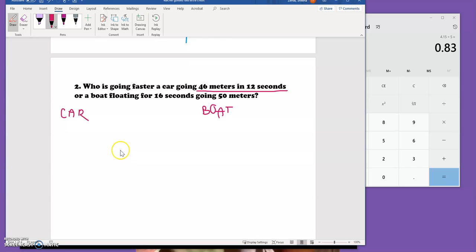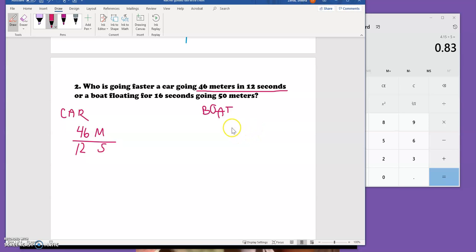So I'm going to write those 2 rates as a fraction. When I'm talking about speed, I'm going to put the distance on top. So I have 46. Again, it's helpful to keep that label. 46 represents meters in 12 seconds. And then the boat.